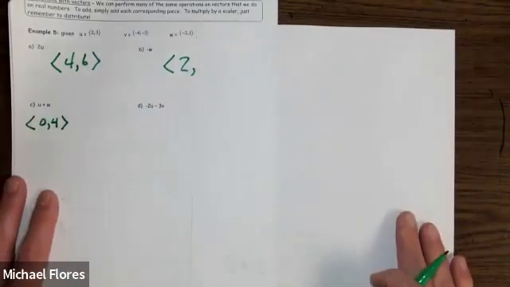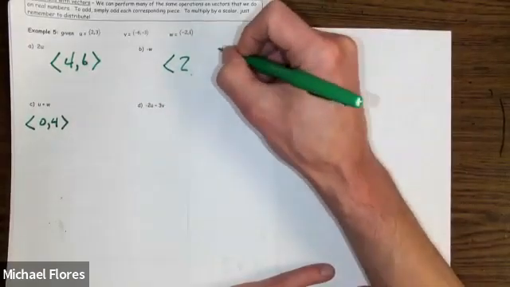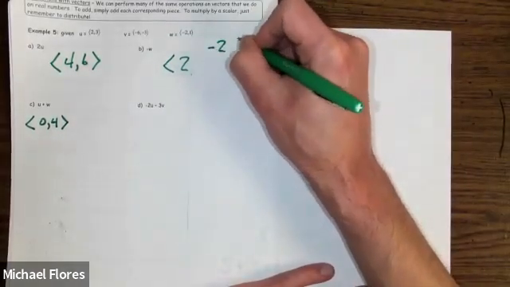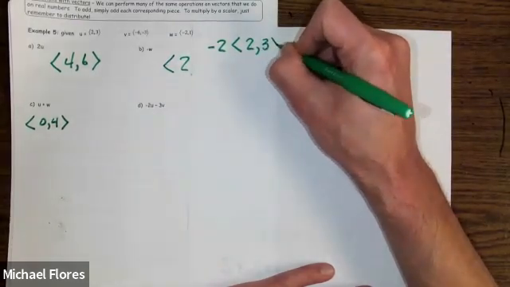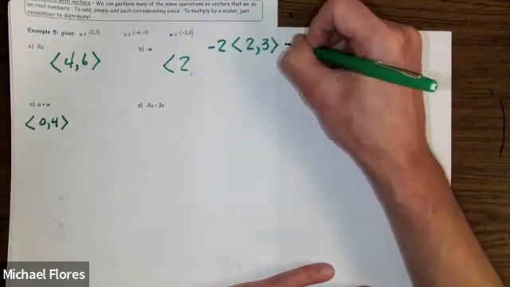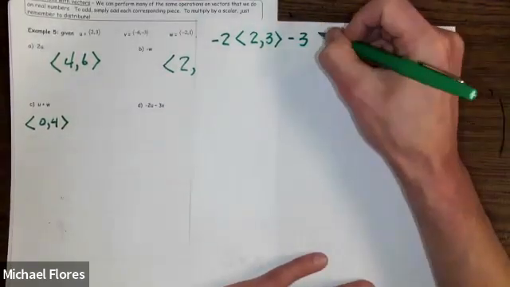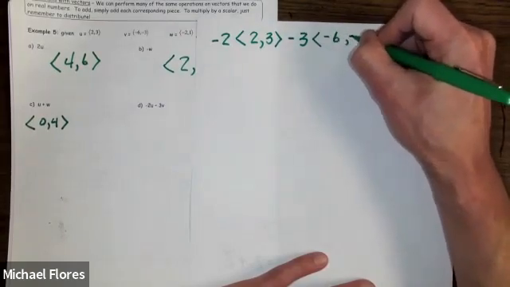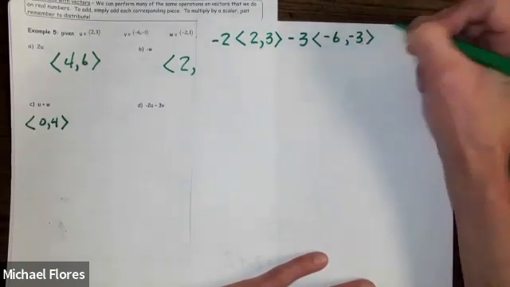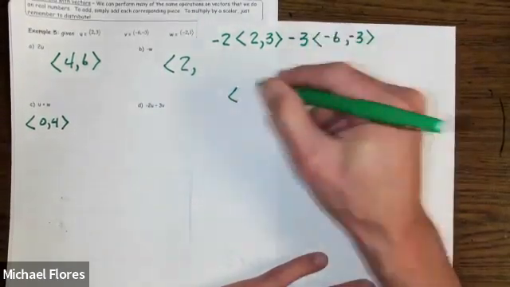And then example D, we have negative 2 times component vector u, and we are subtracting that from 3 times component vector v. Okay, negative 2 times 2.